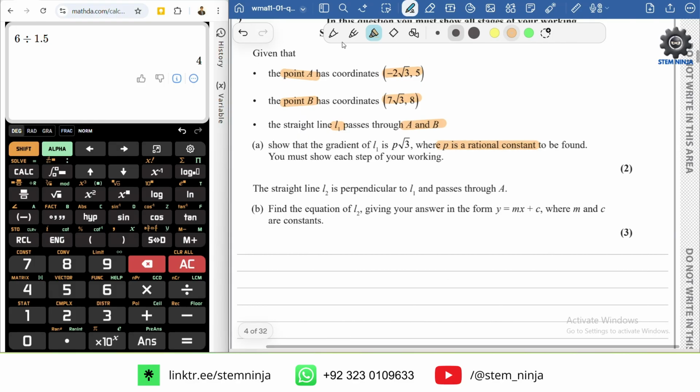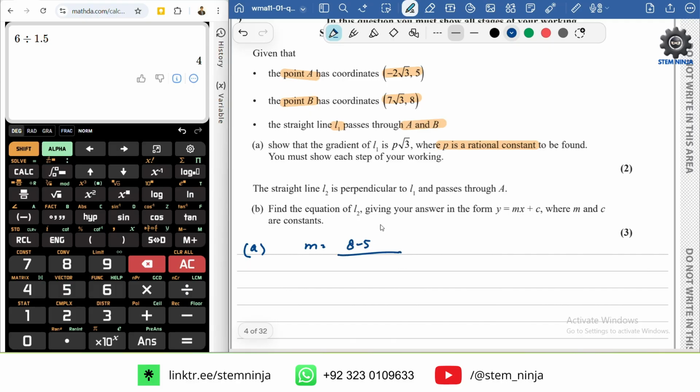Okay, so first off we need to find the gradient. 8 minus 5 divided by 7 root 3 minus minus 2 root 3. So you get 3 over 9 root 3.